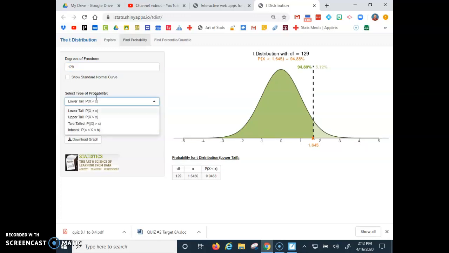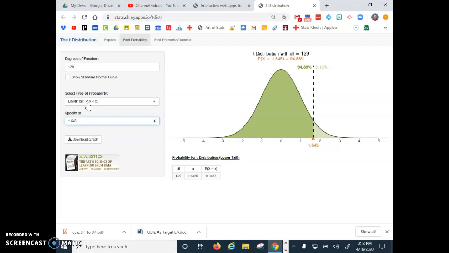Okay? In this case, ladies and gentlemen, since our test statistic was a negative value, we're going to look in the lower tail for our probability value, our p-value.